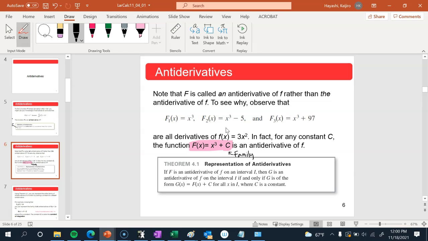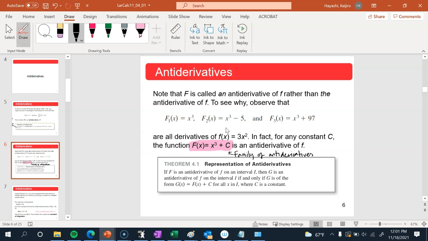You can also call it a class or a category. Anything of this form, x cubed with any constant at the end, is going to be a member of this entire family of antiderivatives, x cubed plus c. You don't really have to worry about theorem 4.1.